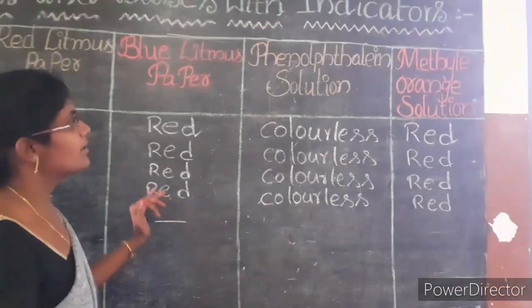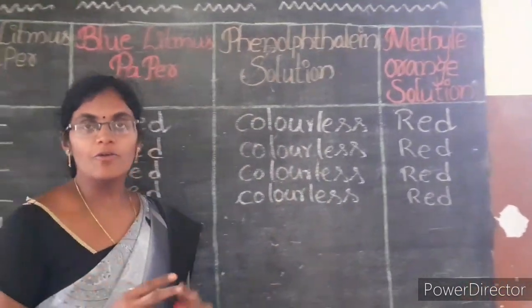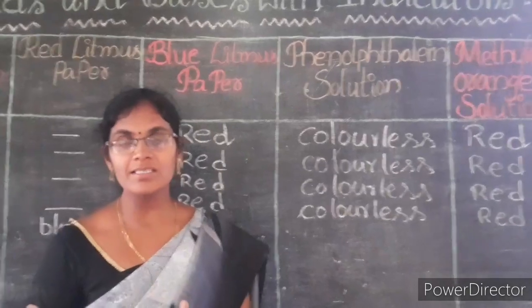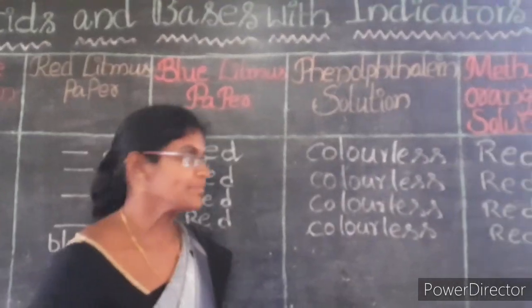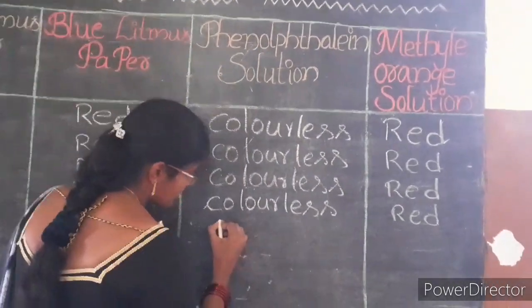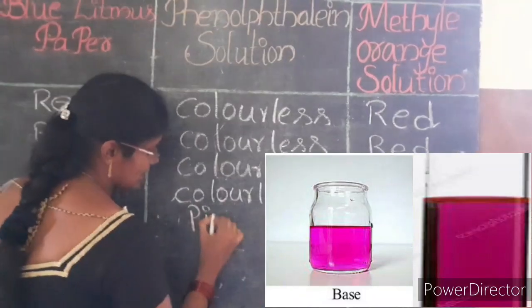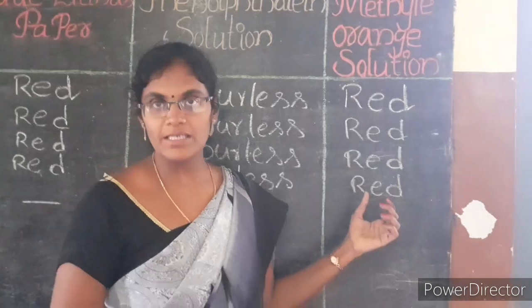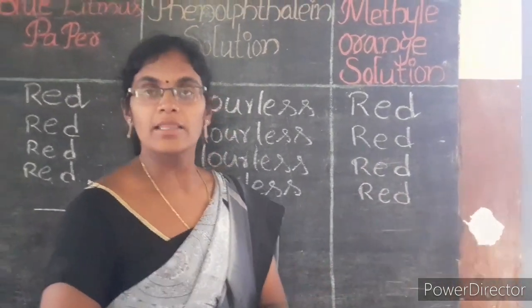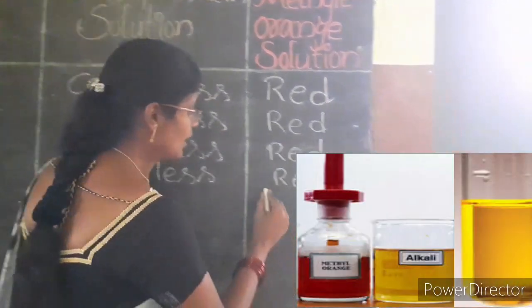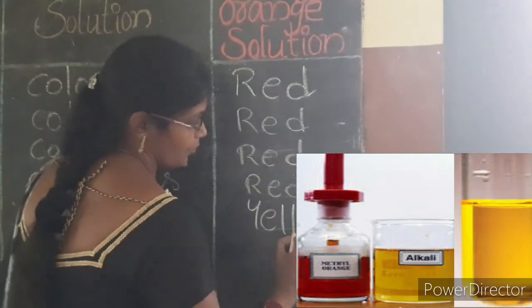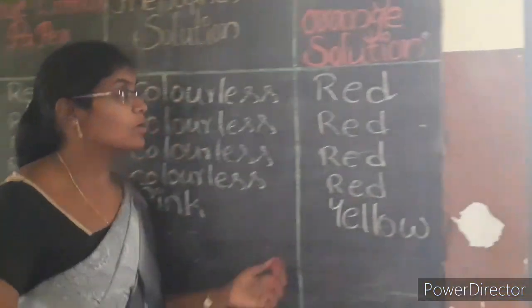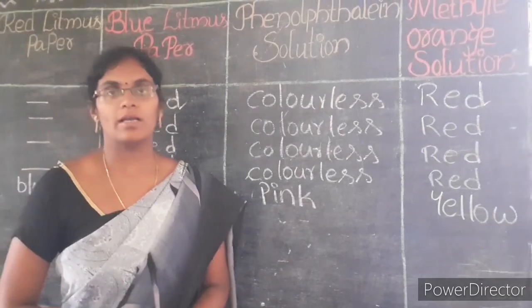When we add phenolphthalein solution to bases, what color do we observe? Pink color. Similarly, when we add bases to methyl orange solution, the methyl orange solution turns yellow.